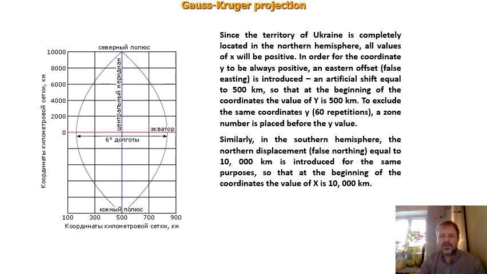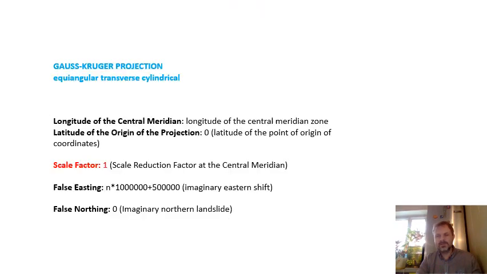To exclude the same coordinates, a zone number is placed before the y value. Similarly, in the southern hemisphere, a northern displacement, false northing, equal to 10,000 kilometers, is introduced for the same purposes, so that at the beginning of the coordinates the value is 10,000 kilometers.